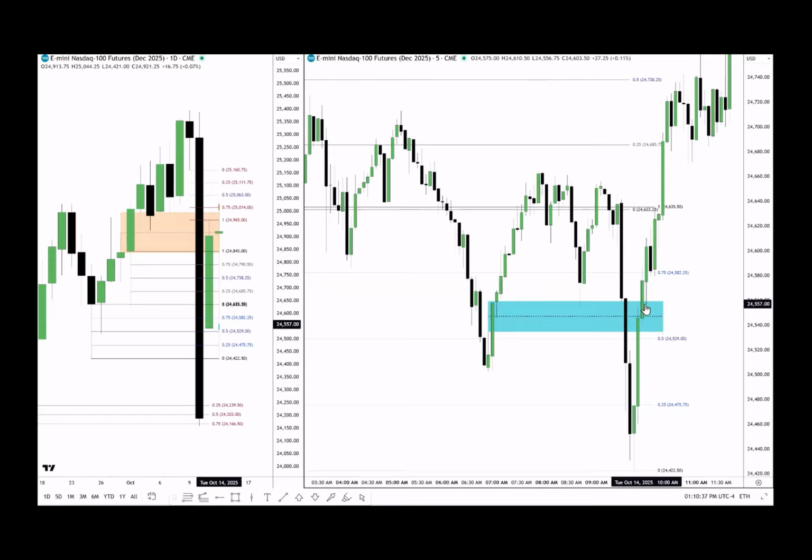It's doing the same function as a candlestick to candlestick touch. In other words, if this candlestick's high touched this candlestick's low, that's immediate rebalance. This is the same element of immediate rebalance because it's using the inefficiency's high as the immediate rebalance. It's going right down to it, then like that.